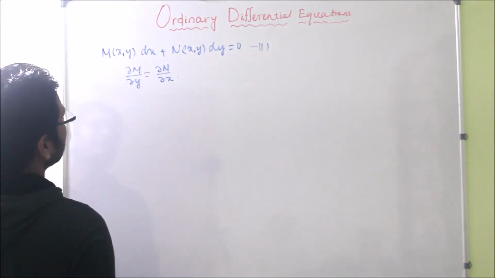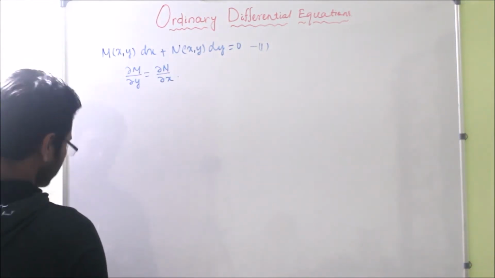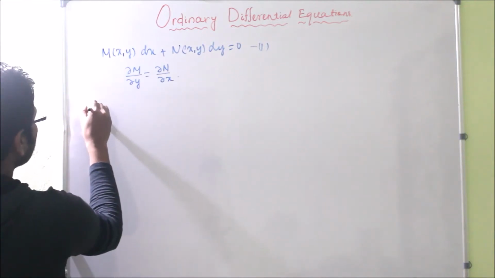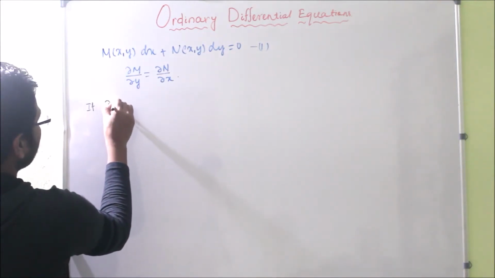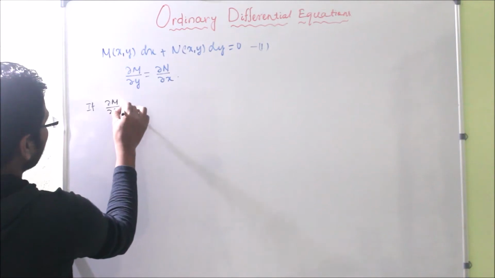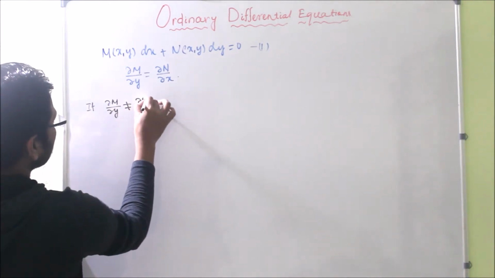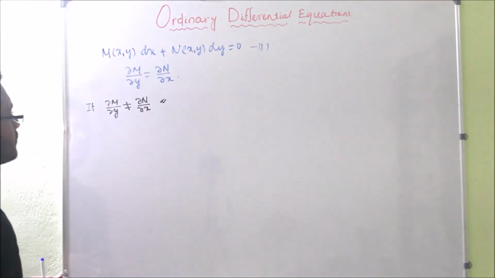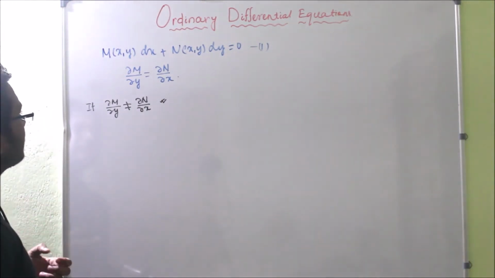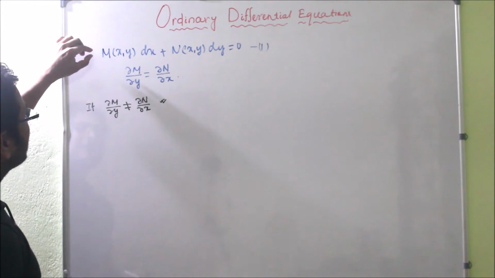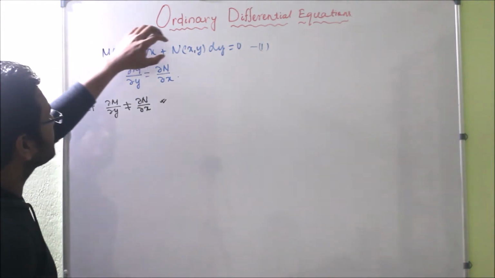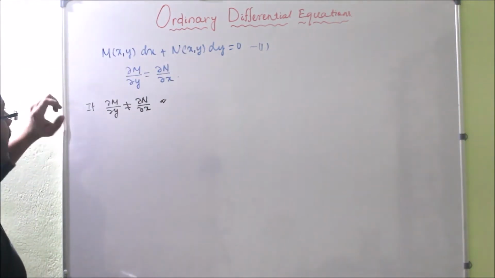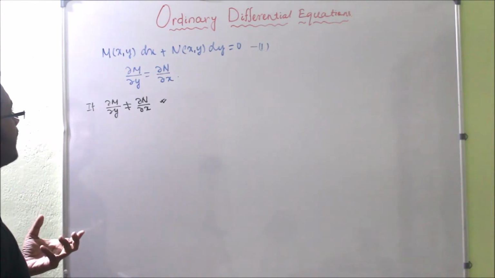But our aim is that if del M by del y is not equal to del N by del x, then what to do? Then we will try to multiply some factor to this equation and make it exact.